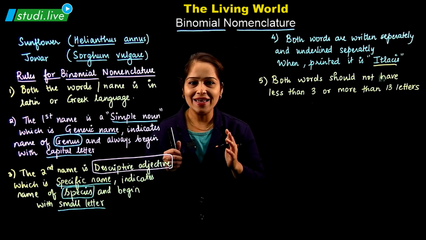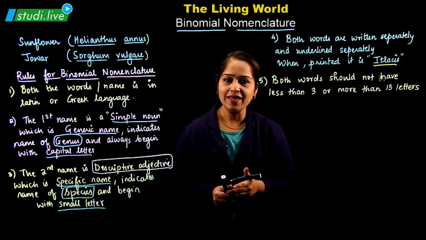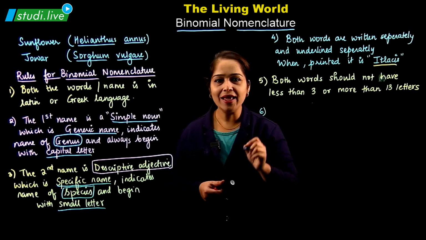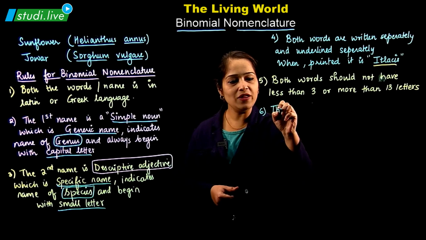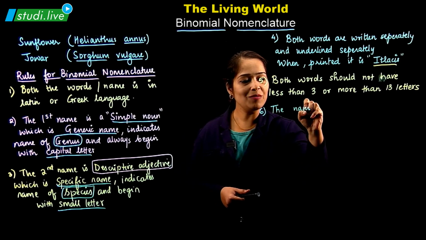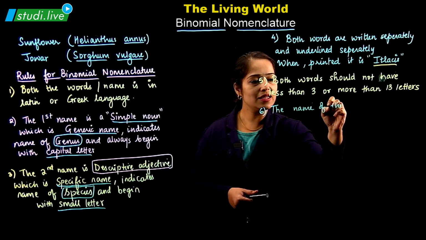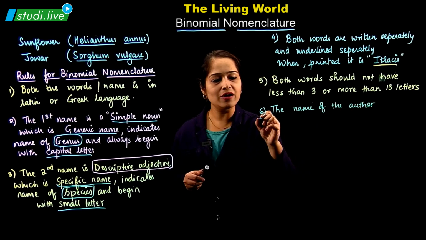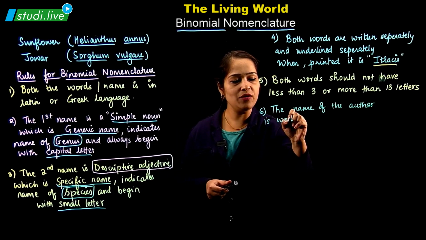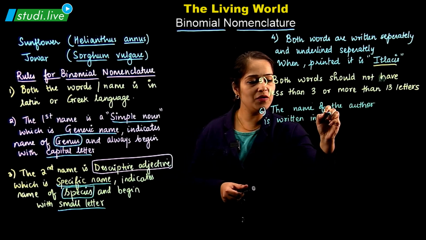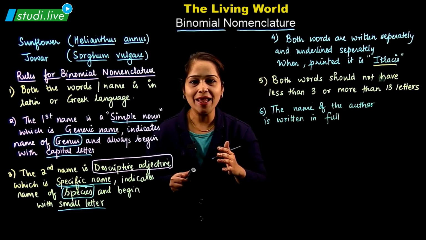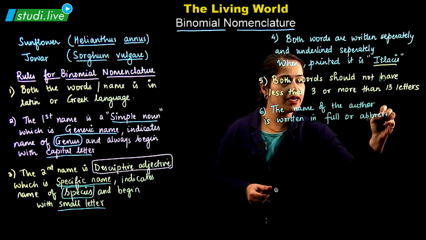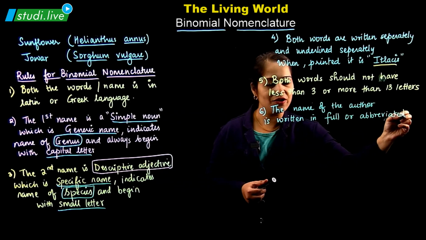Now the sixth rule is the name of the author, the one who has given the name. The name of the author is either written in full, or abbreviated.